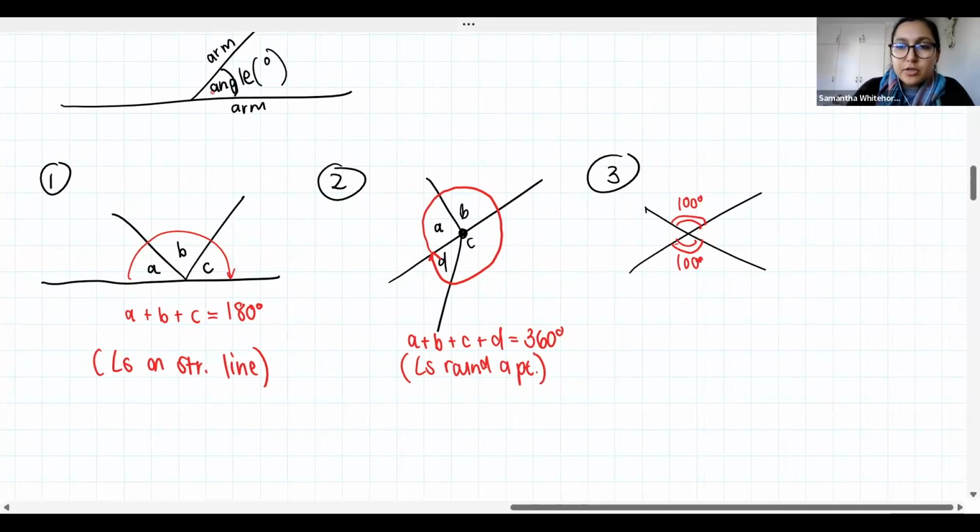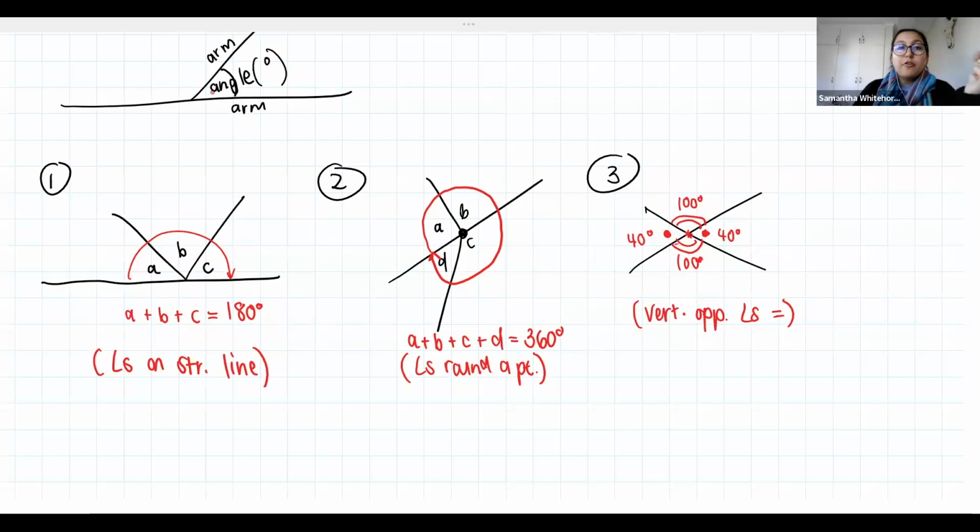If this is 40 degrees, the other angle is 40 degrees. If they are at a cross and the angles are directly opposite each other at the point where the lines intersect, they are equal. This is what we call vertically opposite angles. These are three basic straight line rules that we need to use to find the missing angle X, find the missing angle Y, and so on.